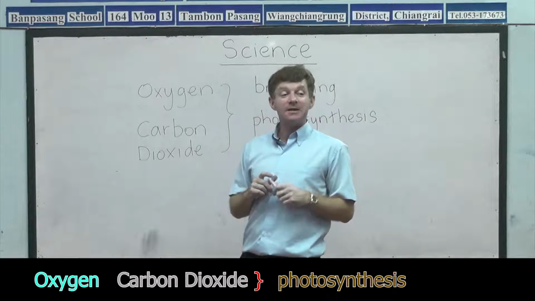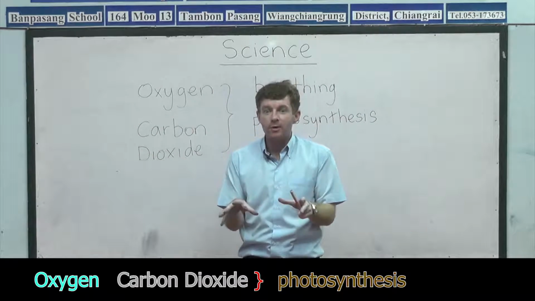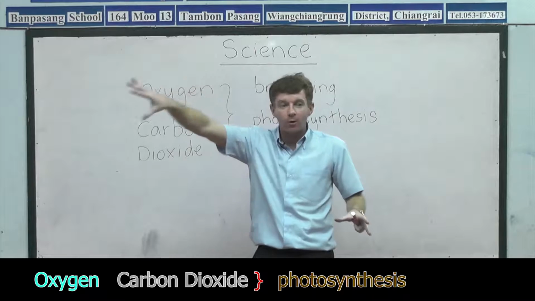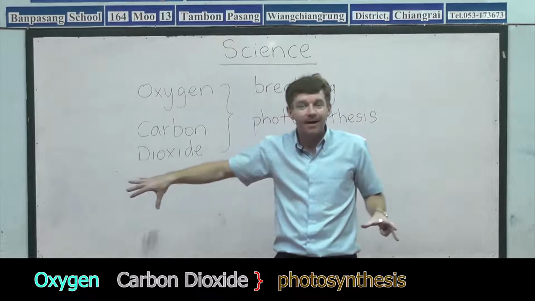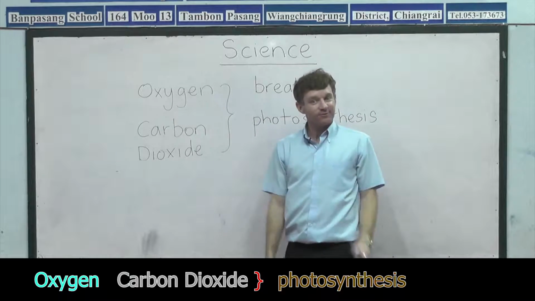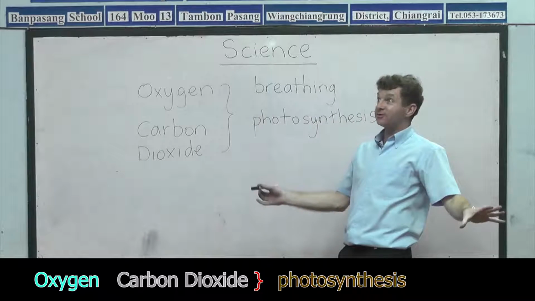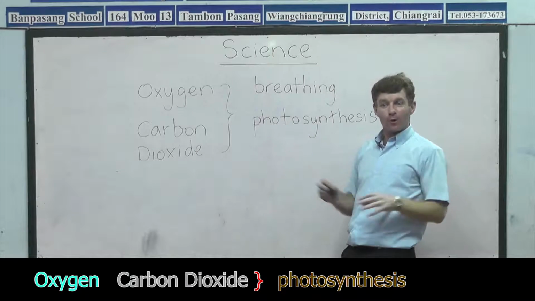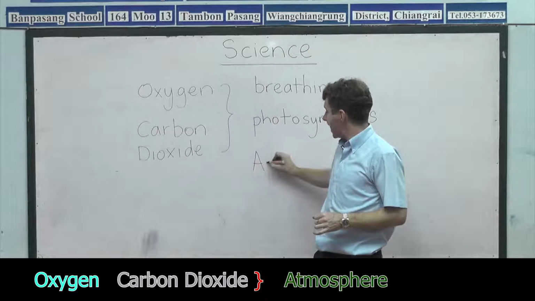Any more examples of why oxygen and carbon dioxide are important for us? Remember the word beginning with A. Where is air? Everywhere. Can anybody remember what we call the air around us? Atmosphere. Excellent. Everywhere we look. We can't see it, but air is all around us in our atmosphere.